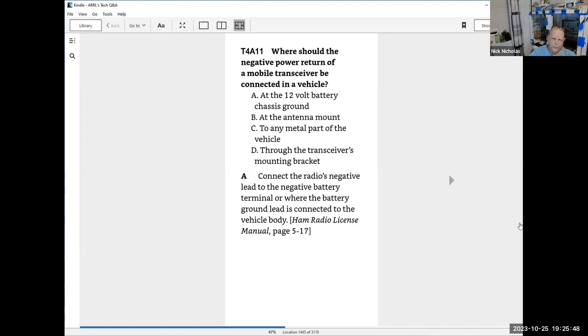I put my own fuses for the radios under the hood, and then that is connected to the positive terminal of the battery, and the ground wire I bring back to the radio is hooked right to the point where the negative terminal of the battery is grounded, where the wire goes to ground to the chassis of the vehicle. The closer you are to that negative side of the battery, the better. So, like it says, the 12-volt battery chassis ground. And that's the point where the battery itself is grounded.